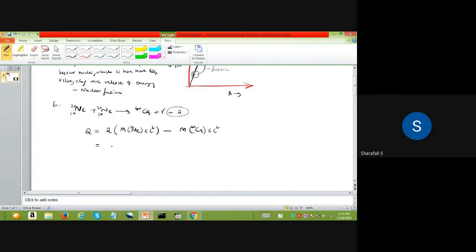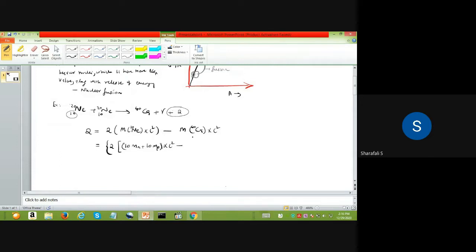So again, 2 times, what is this value? I will put a curly bracket here. This is 2 times 10 times the mass of neutron plus 10 times the mass of proton, that is 10 protons, Z, and 10 neutrons will be there. So this is the total mass, into c square.